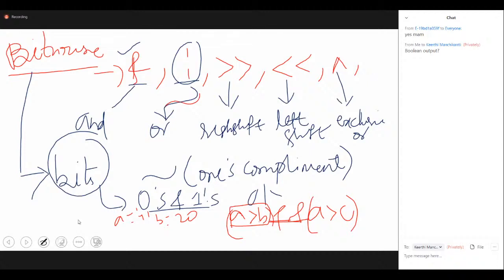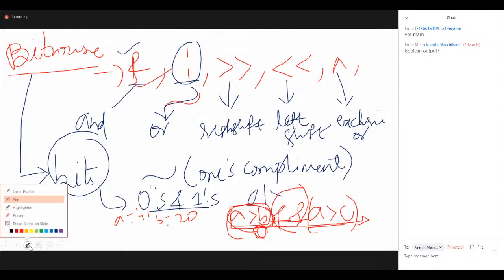Is 4 greater than 20? You get the return value as 0. Your logical AND does not go on to evaluate the next statement. Your verification of the expression stops at the first statement itself, because it becomes false. Whereas with bitwise AND, it will evaluate all the expressions, even if the first statement is false. That is the major difference between bitwise AND and logical AND.